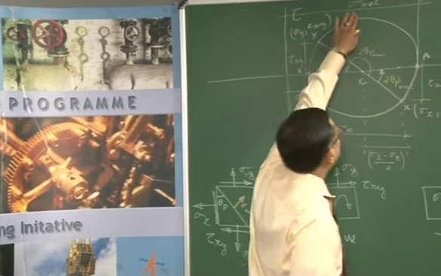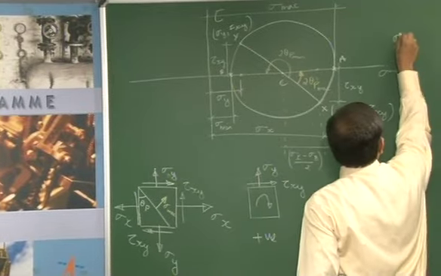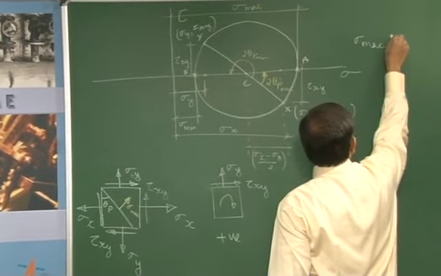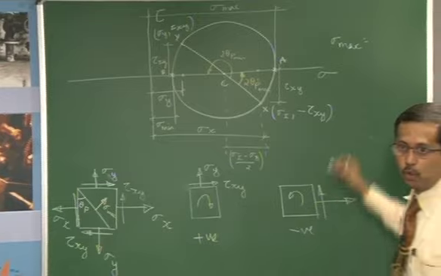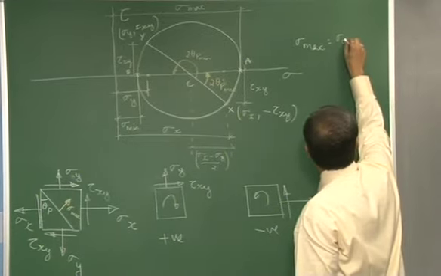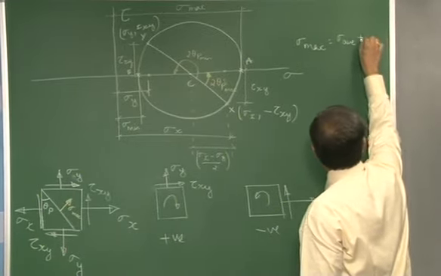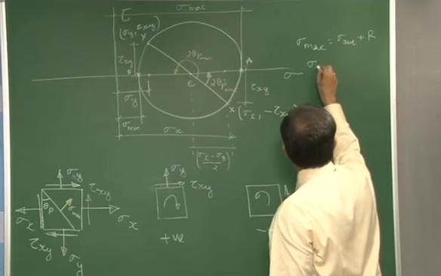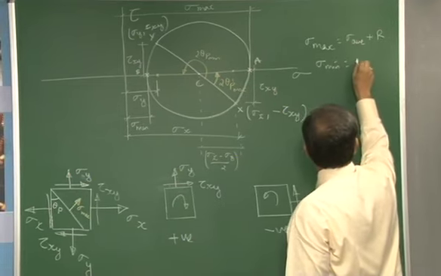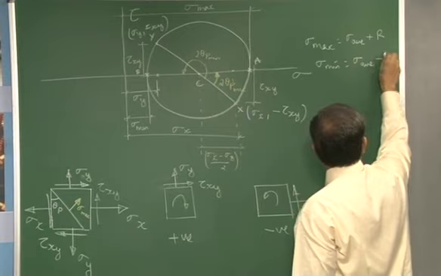We can also get the sigma max value as equal to sigma average plus r, and sigma minimum is equal to sigma average minus r.